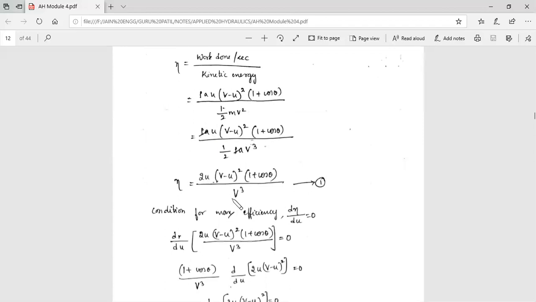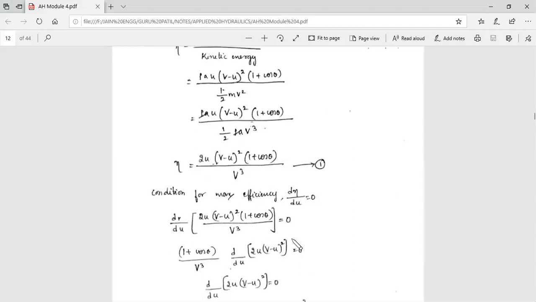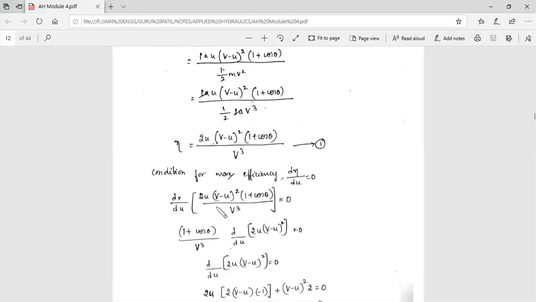So the condition for maximum efficiency is that d eta by du should be minimum, that is 0. So differentiating this equation again, it becomes a 0 here. Taking the common terms outside, the remaining is 2u (v minus u) whole square equal to 0.